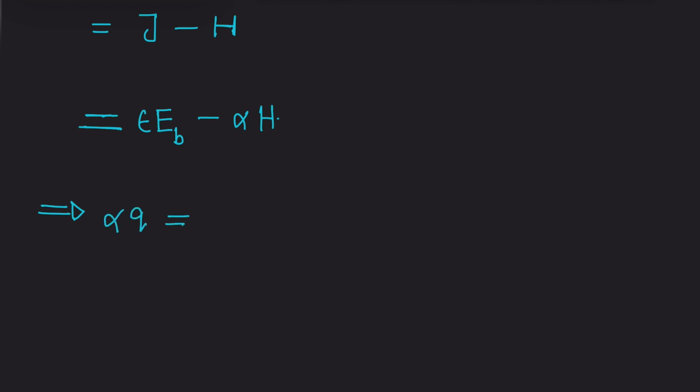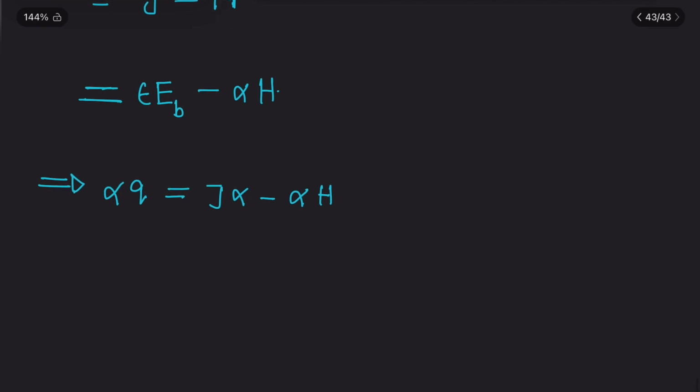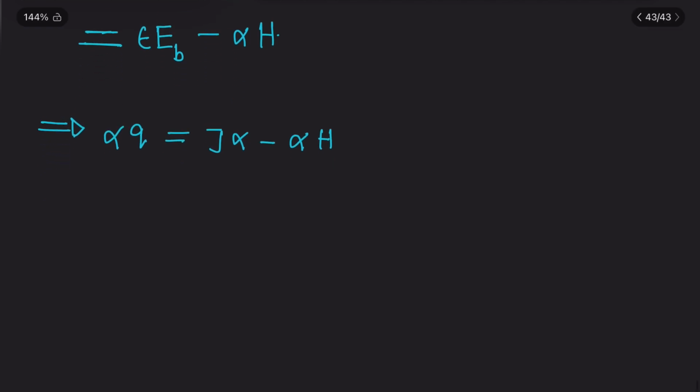So alpha Q is equal to J alpha minus alpha H, and also I have Q is equal to epsilon into E_B minus alpha H.